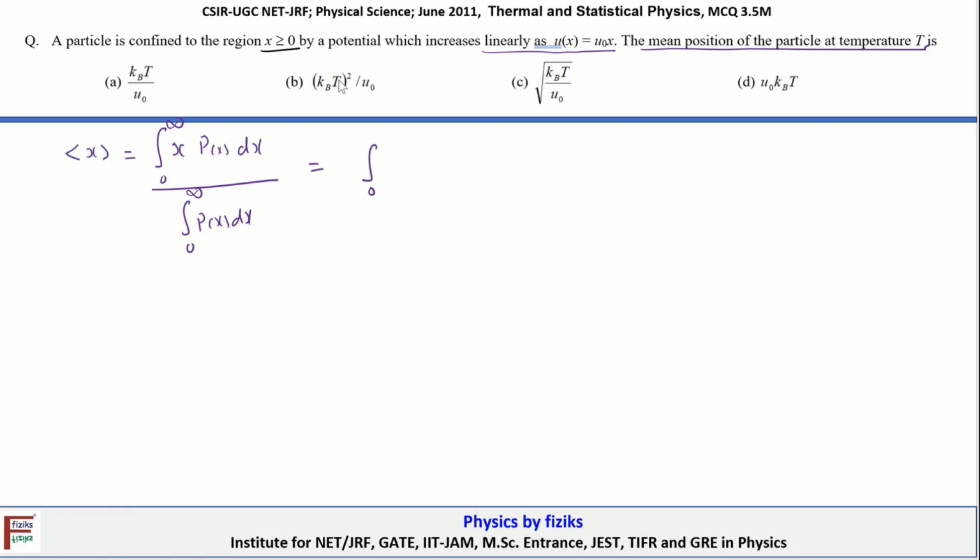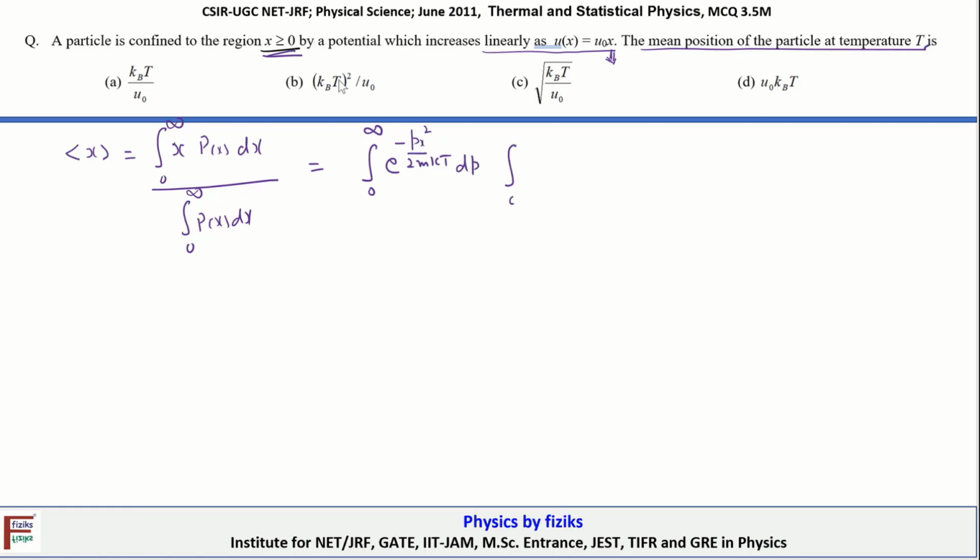For the particle, that is equal to the integral from 0 to infinity, because this range of integration is specified here, and then exponential. The potential contains only one term in x, so we only need to consider one term in the momentum integral: exponential minus p squared upon 2m kT dp.